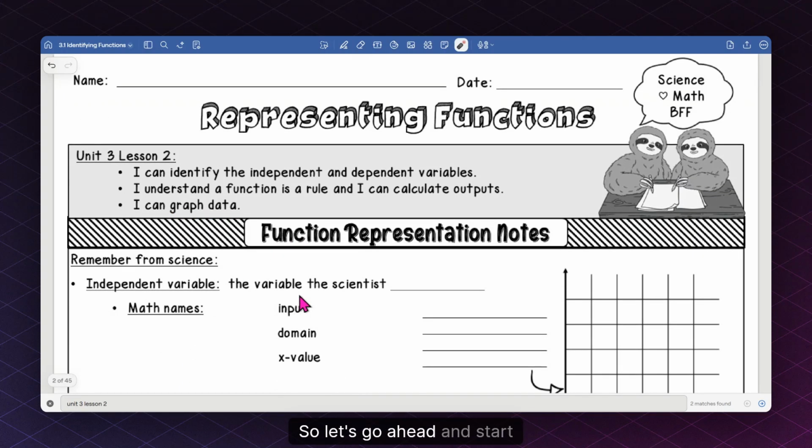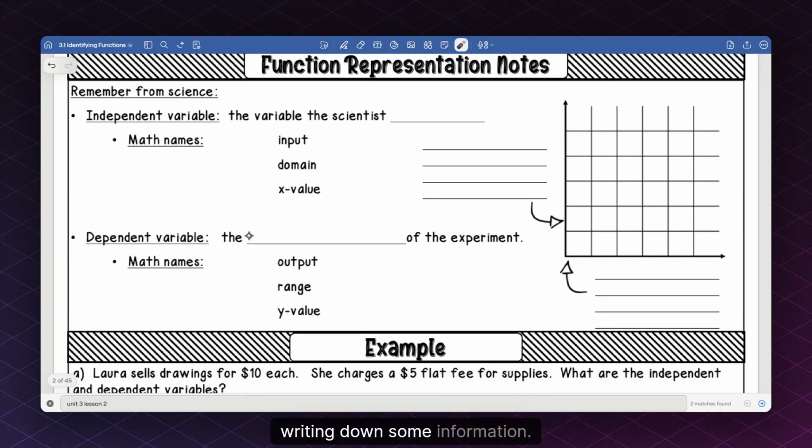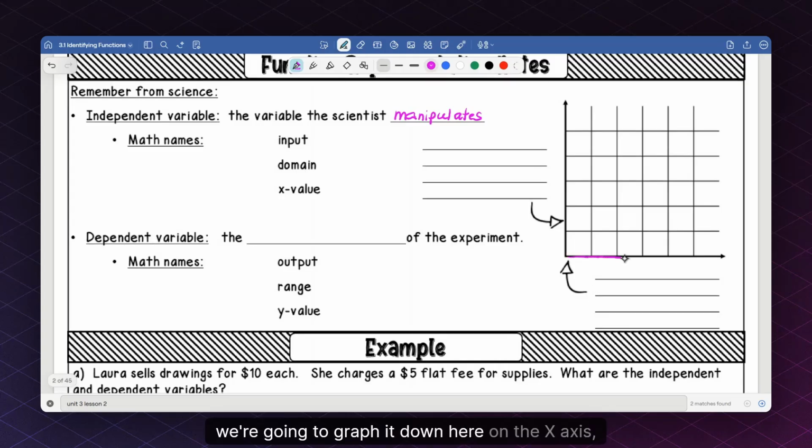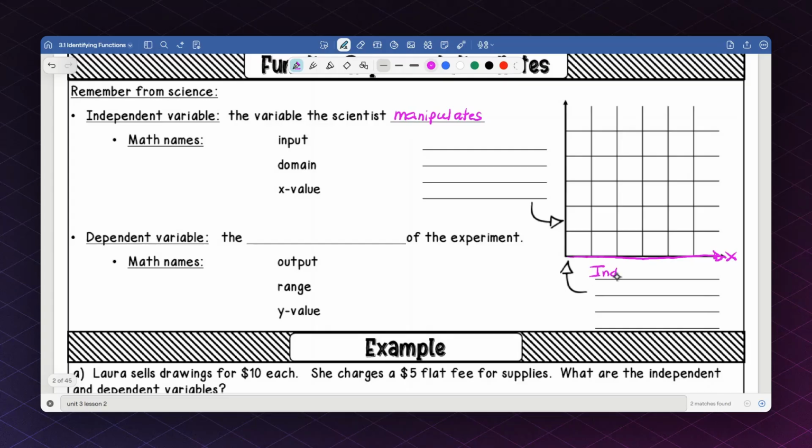Okay, so let's go ahead and start writing down some information. Okay, so remember from science, we have an independent variable, and this is the variable that the scientist manipulates. Okay, and the independent variable, we're going to graph it down here on the x-axis. So this is where the independent goes.